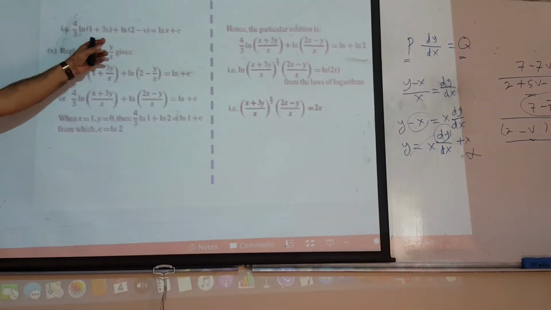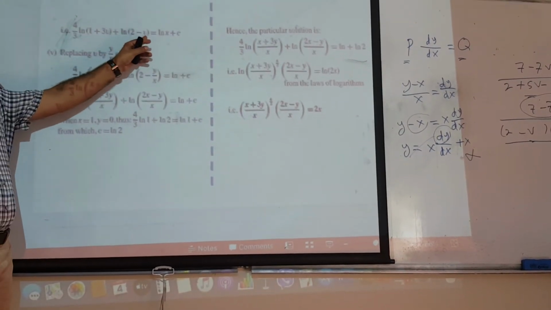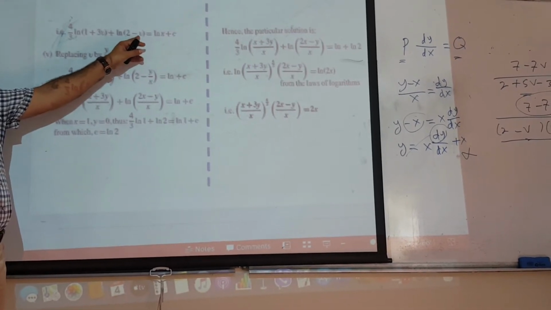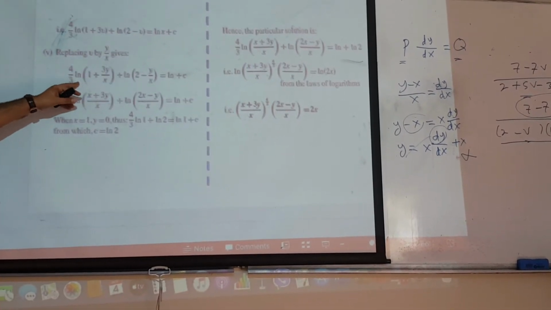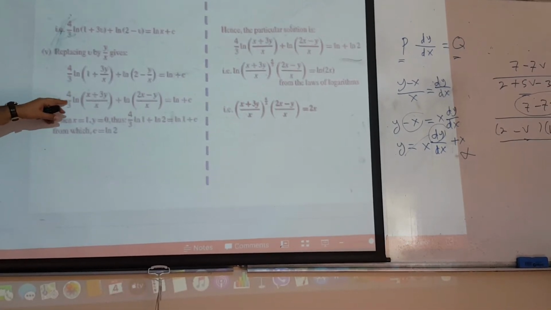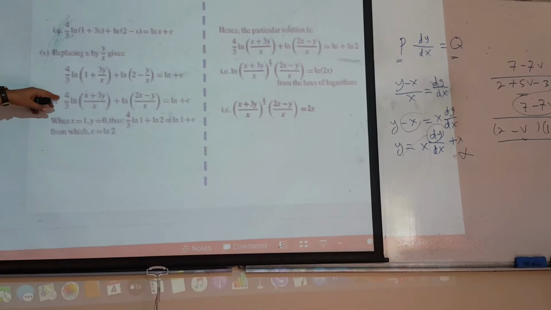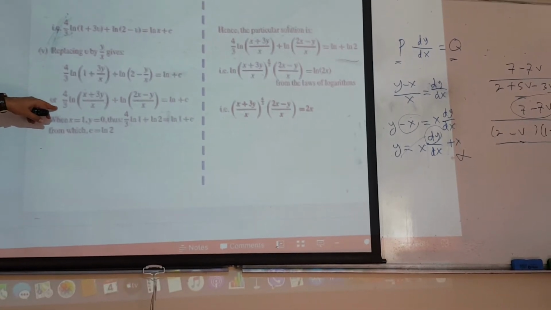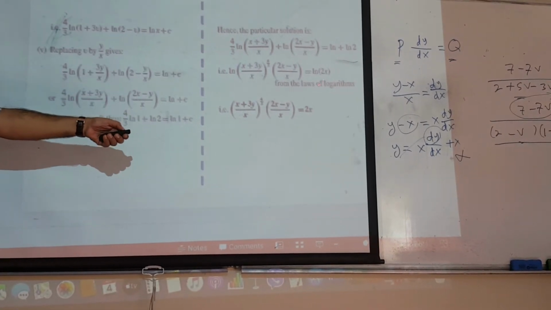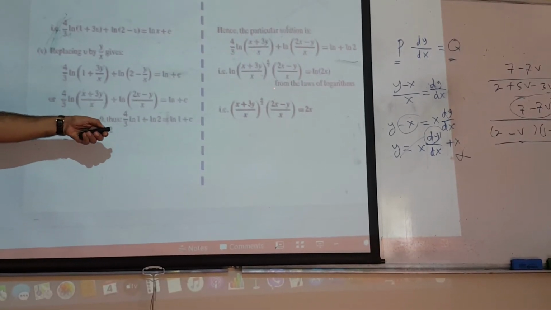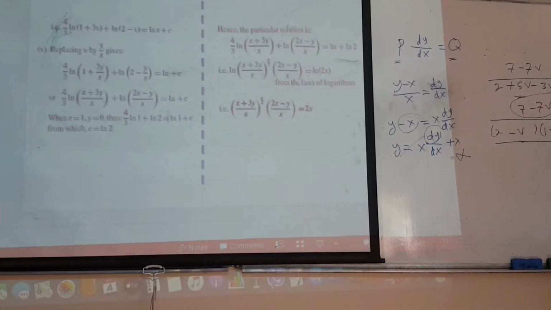We do the integration, we replace because the integration result in equations containing v instead of y. You will replace it. You will go to the log rules. Okay? Now, these are called the laws of logarithm.